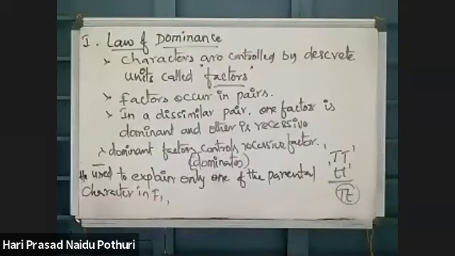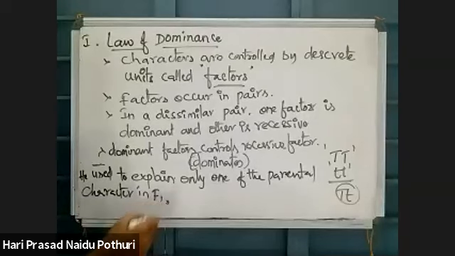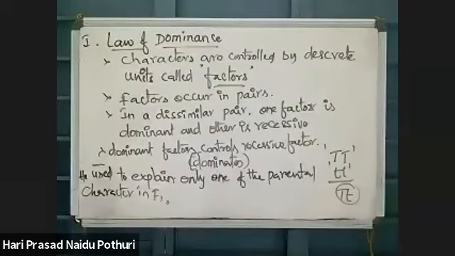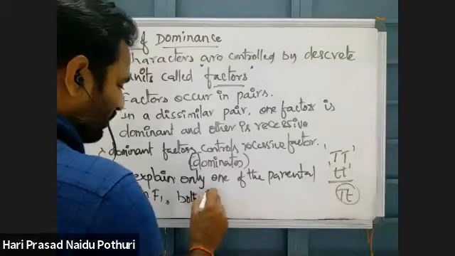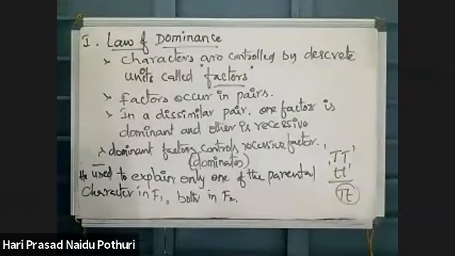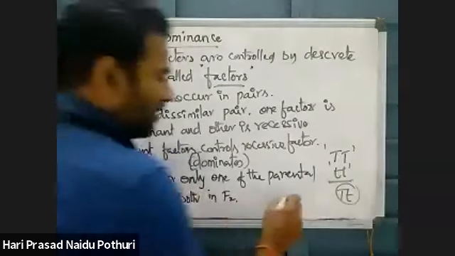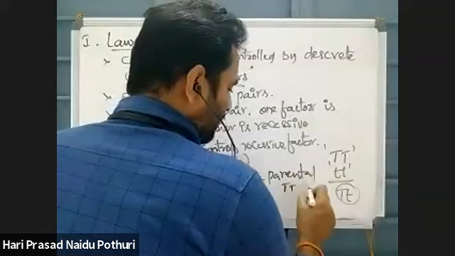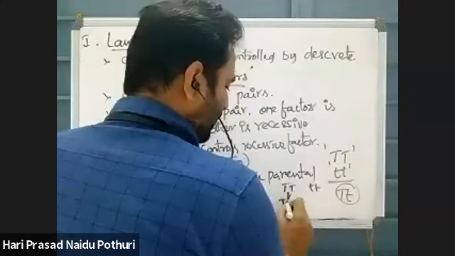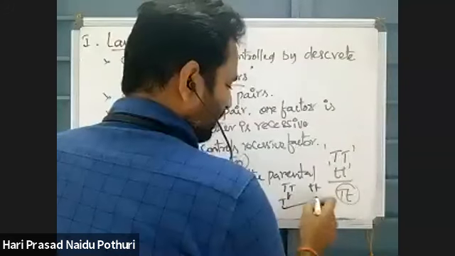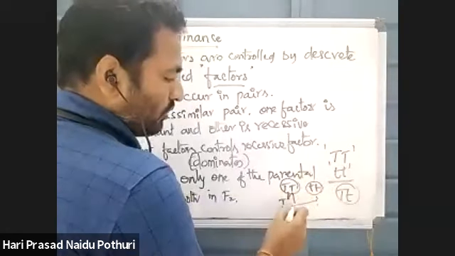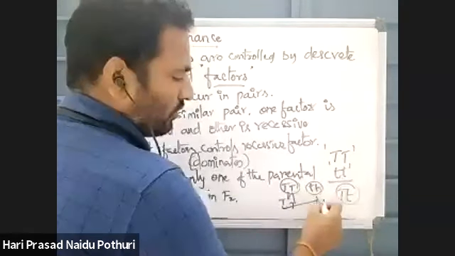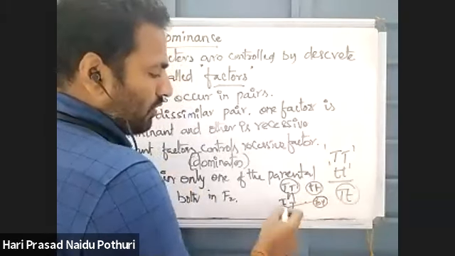In the F1 generation in a monohybrid cross, only one character is considered in F1 and both in F2. Why? Because in F1, suppose this is a parent, it will give one gamete. This combines with another one because both are dominant. Here both are recessive. Both gametes are the same type. Here also the same type of gamete is produced. Both are the same, so one character.